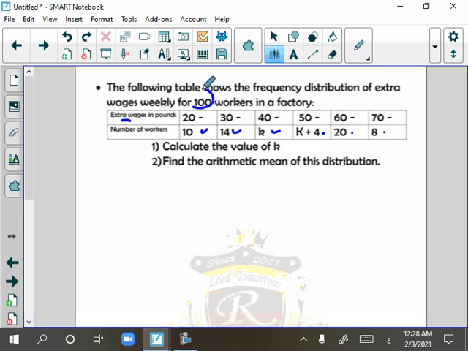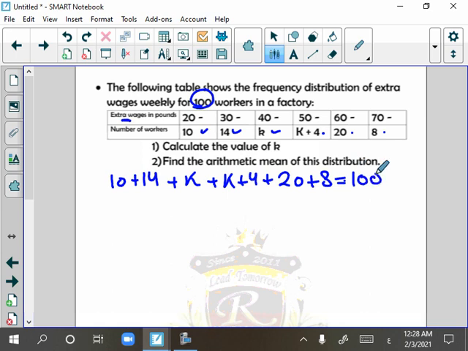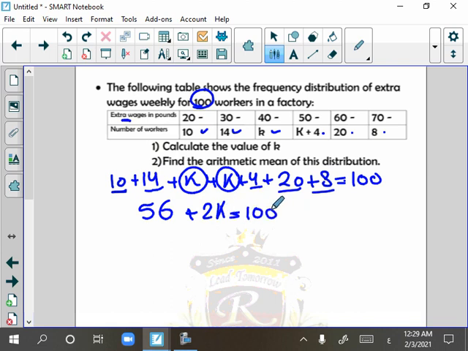The number of workers equals 100, then 10 plus 14 plus k plus 4 plus 20 plus 8 equals 100. When we sum 10, 14, 4, 20 and 8, it equals 56, and k plus k equals 2k. So 56 plus 2k equals 100.